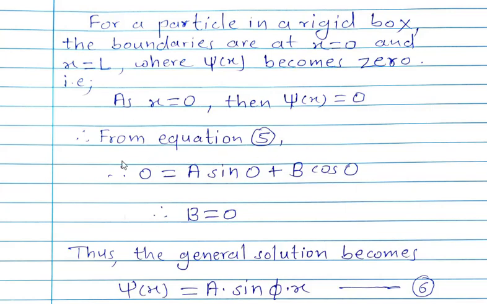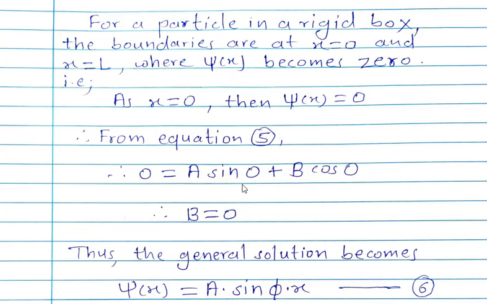Therefore, from the solution psi of x equal to a sin phi x plus b cos phi x, let's substitute x as 0, then psi becomes 0. So 0 equals a times sine 0 plus b times cos 0.